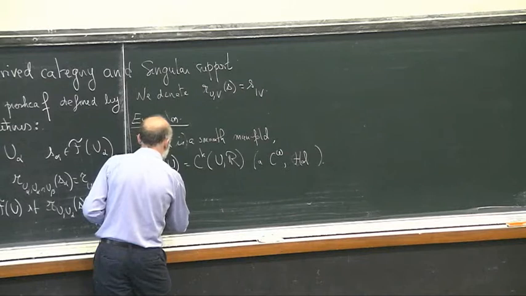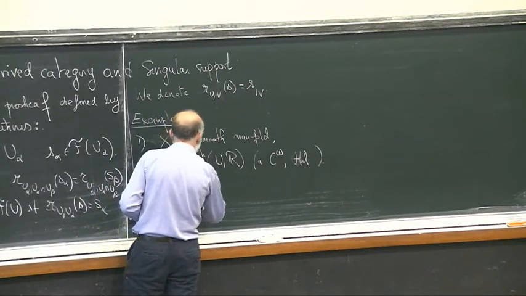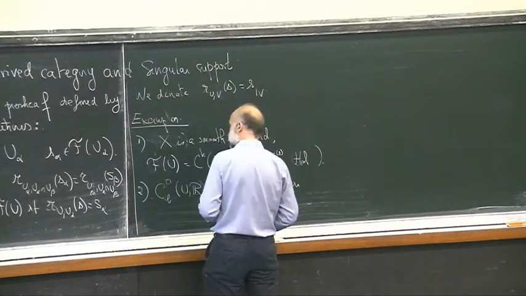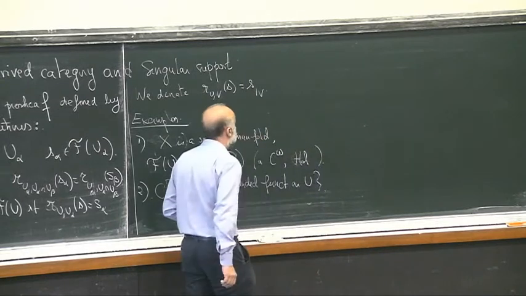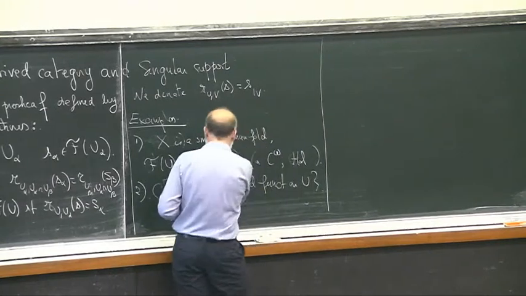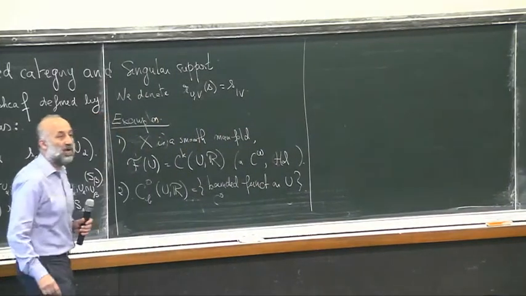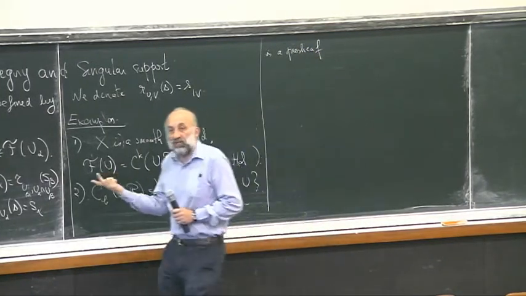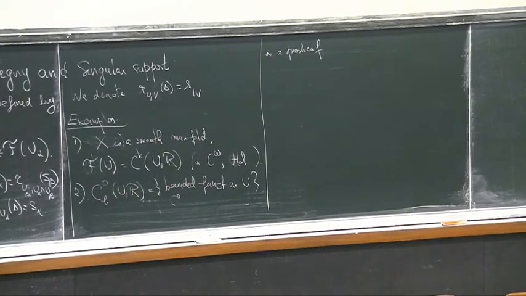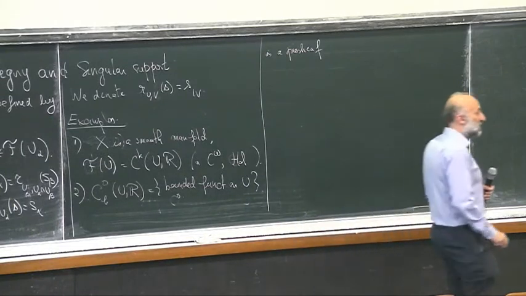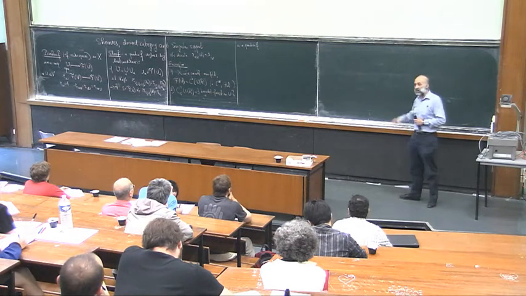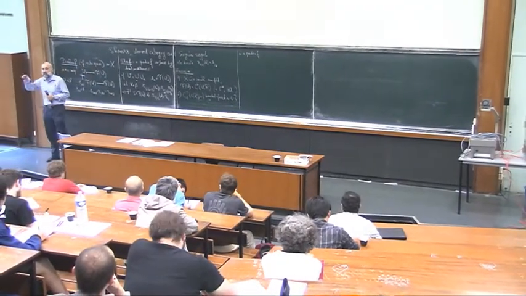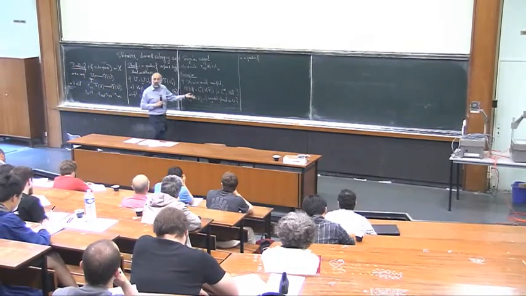So if you look at, let's say, C^0_B of U, which is the set of bounded functions, well, here I put C0, so continuous bounded functions on U. Well, this is a pre-sheaf, essentially because the restriction of a bounded function is another bounded function, but it is not a sheaf, because if you take a continuous function on R^n, and a covering of R^n by bounded sets, then the function is, of course, going to be bounded on each of these sets, but it's not globally bounded. Okay, so being bounded is not a local condition, it's a global condition.